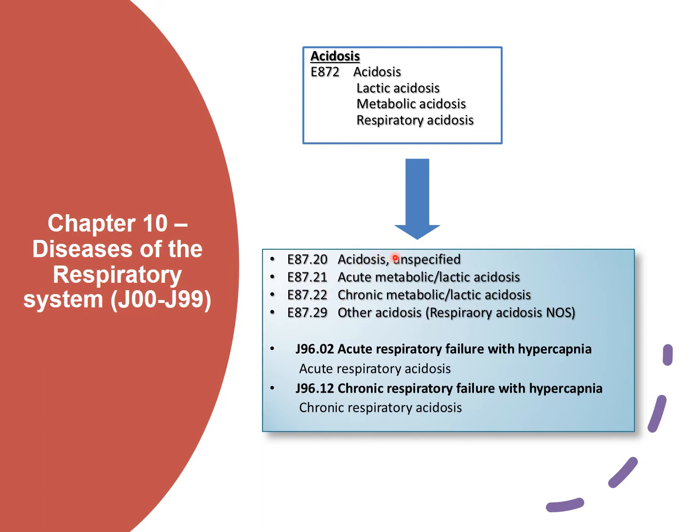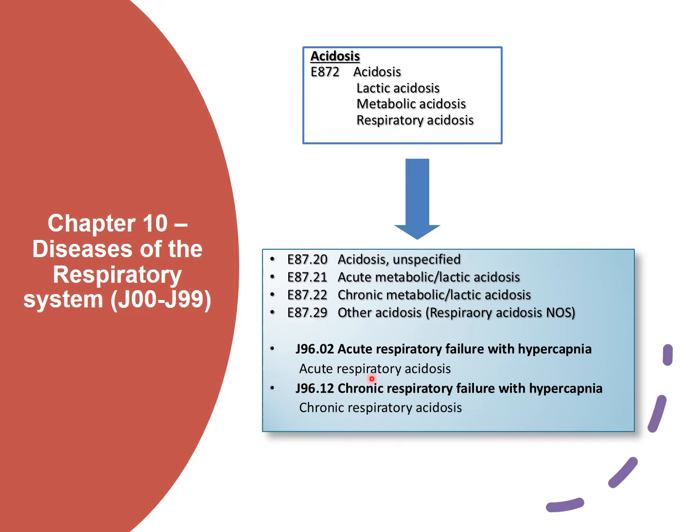And if the type was not specified, it should be reported with E87.20. That means metabolic and lactic acidosis have the same codes, whereas for respiratory acidosis, the codes are different. For NOS, it should be reported with E87.29.